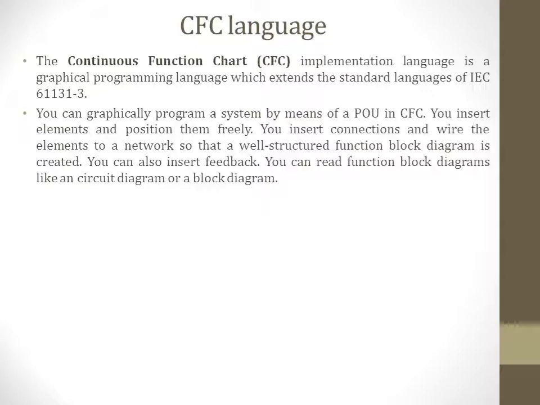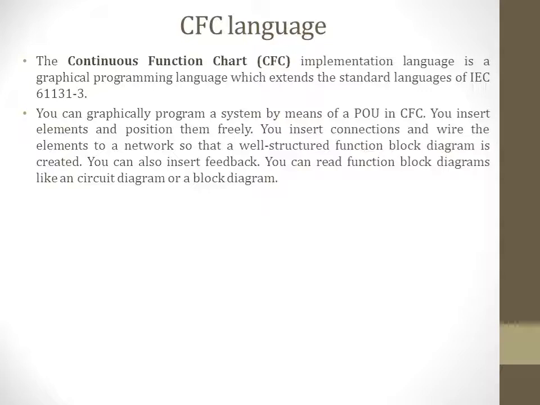So you can graphically program a system by means of POUs in CFC. You insert elements and position them freely. You insert connections and wire the elements to a network so that a well-structured function block diagram is created. You can also insert feedback.